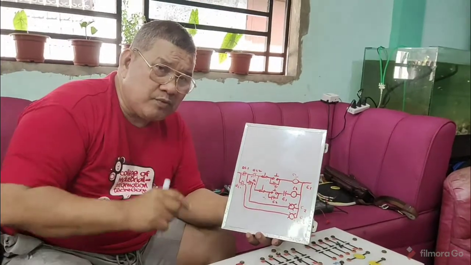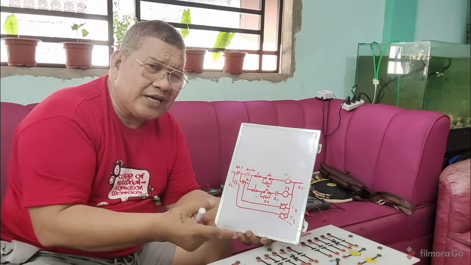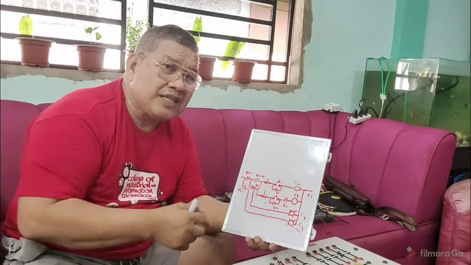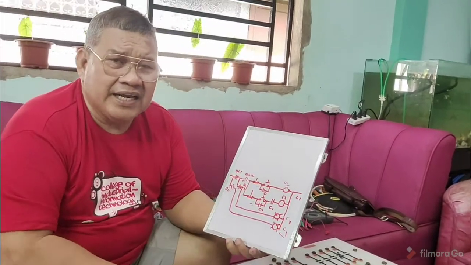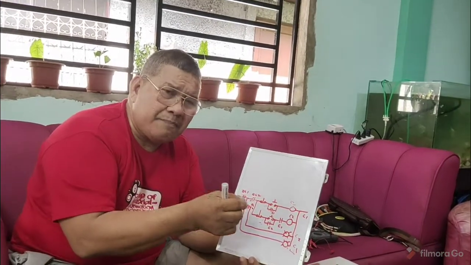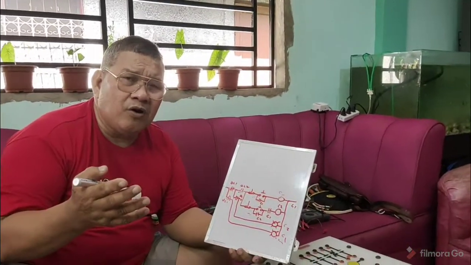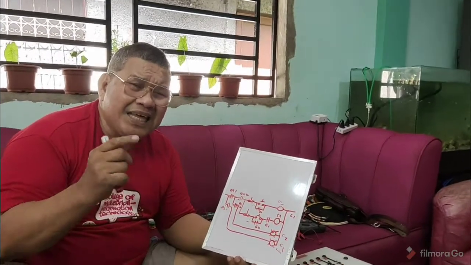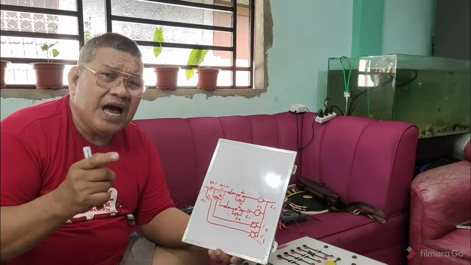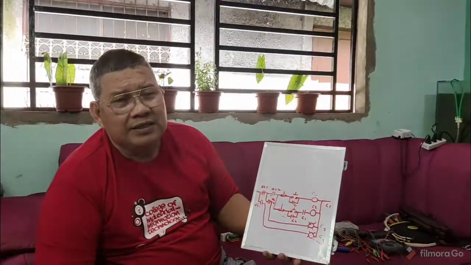You have only 1 push button, then conveyor number 2 will automatically run after a few seconds because of the timer. That would be another video. But before giving you that problem, I will first explain the principle of the time delay relay, particularly the on delay and the off delay. I hope you get sequential control, and that is it for today.